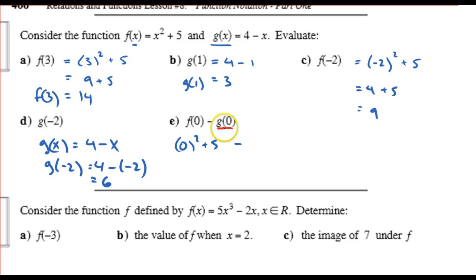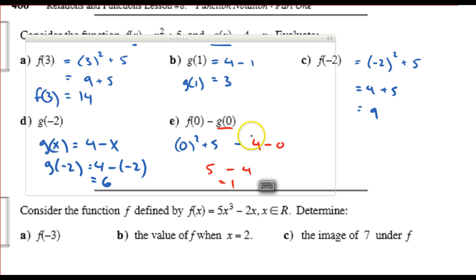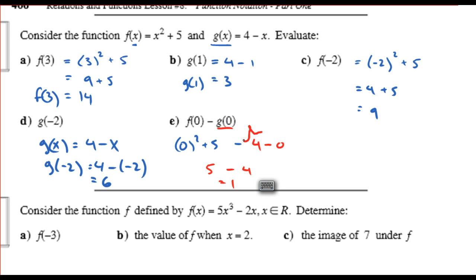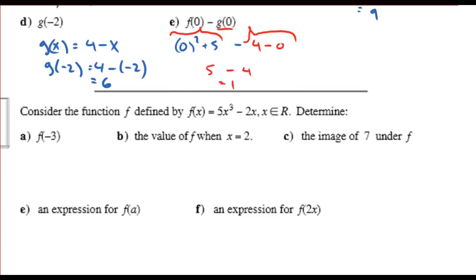I'll do the g at 0 in different colors. That'll be 4 minus 0. So that'll be 5 minus 4 equals 1. This here is g at x. This is f at x.